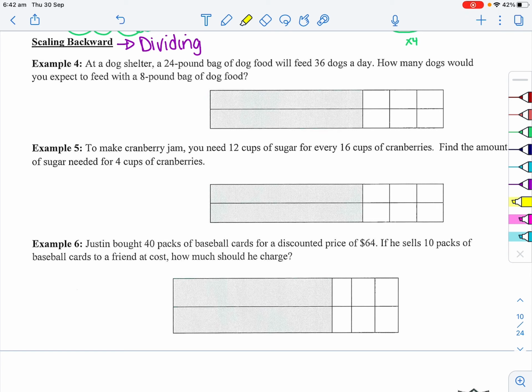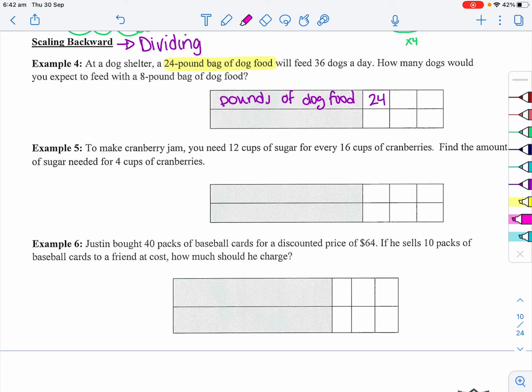So this one says, at a dog shelter, a 24-pound bag of dog food. So I'm going to say here in my table, pounds of dog food. And I've got 24.